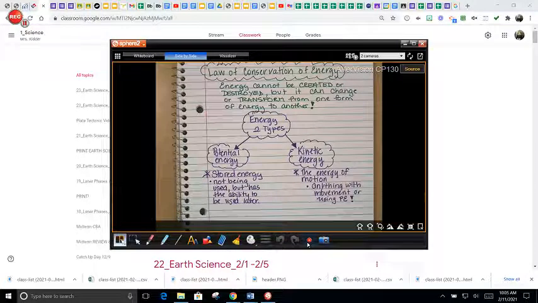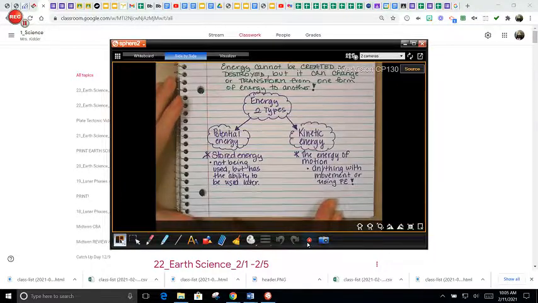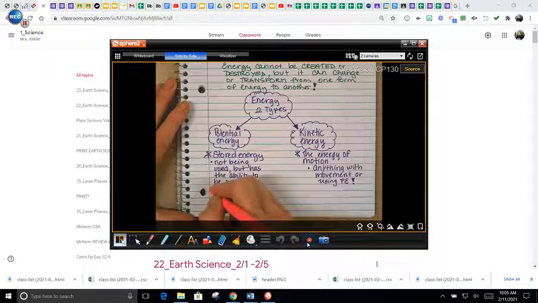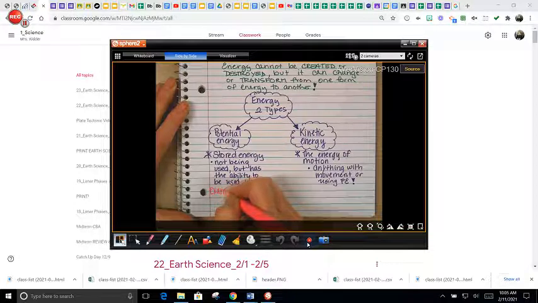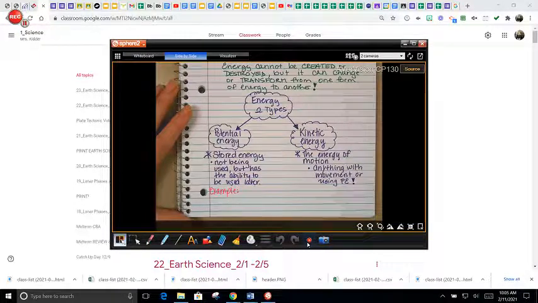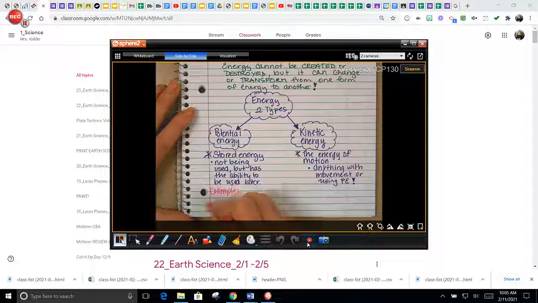So we could write an example here. For example, an example of potential energy. Well, where do you get your potential energy from? You get your potential energy from eating food, right?